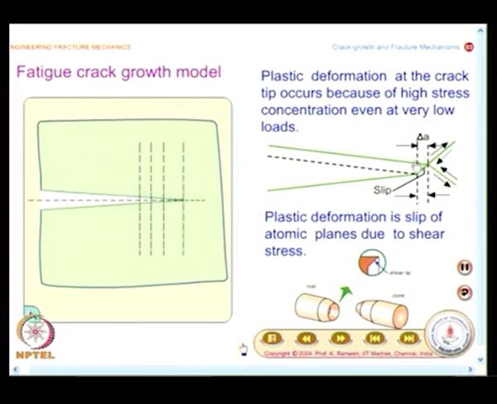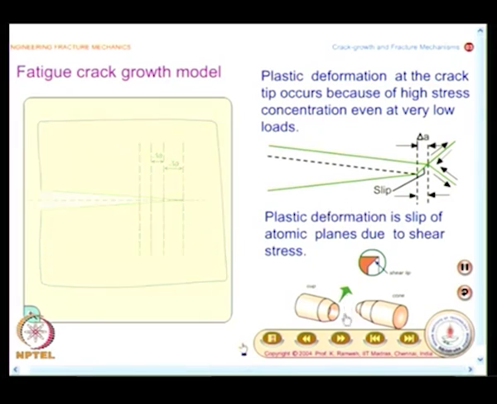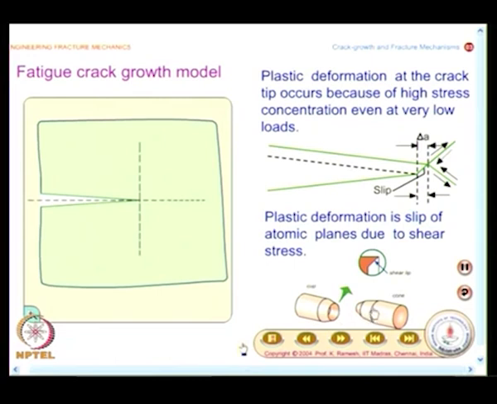And in order to explain only, I focused on the shear lip in the case of tension test. You have a cup and cone, and what is important here is you have a shear lip at 45 degrees. So, now I have a crack because load is applied.